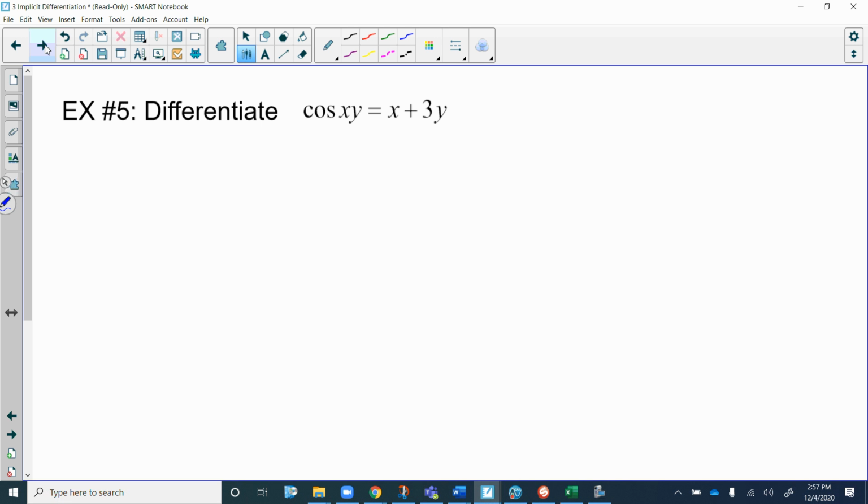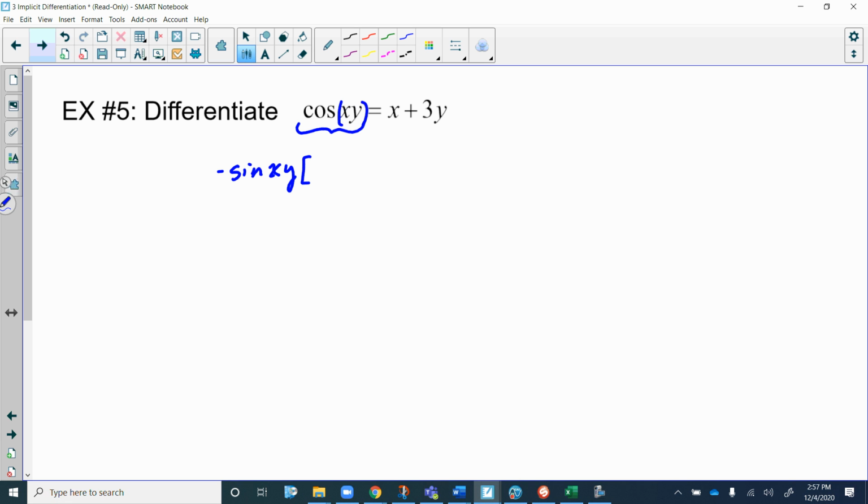So on this bit here, we're going to use the chain rule and the product rule. The product rule is going to be the stuff on the inside, and the chain rule is just going to be the whole thing. So the derivative of the whole thing will be negative sine xy.